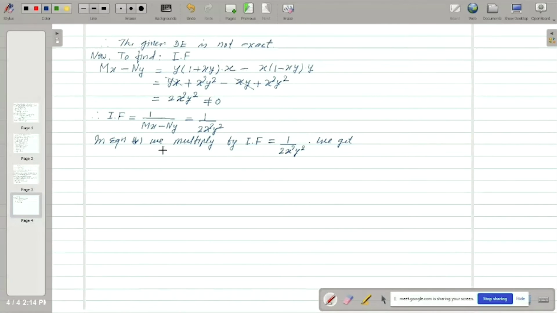We get 1 upon 2x square y square into y(1 + xy) dx plus 1 upon 2x square y square into x(1 - xy) dy equals 0. Okay, so now this becomes exact.